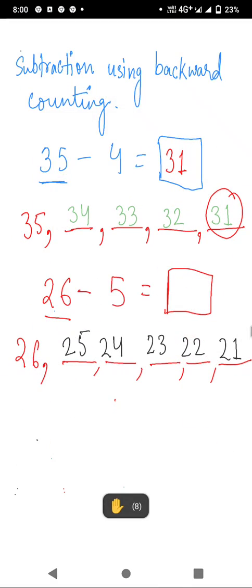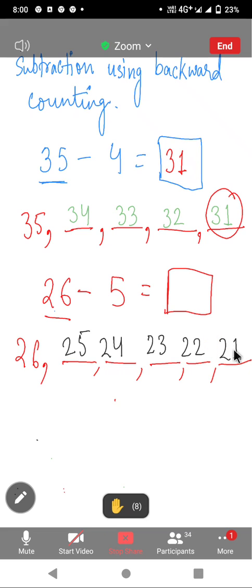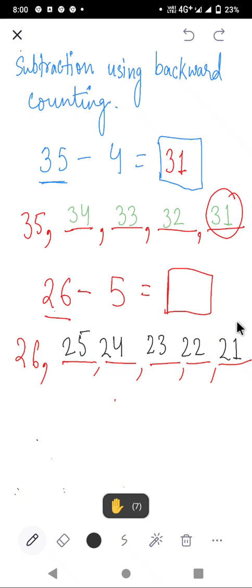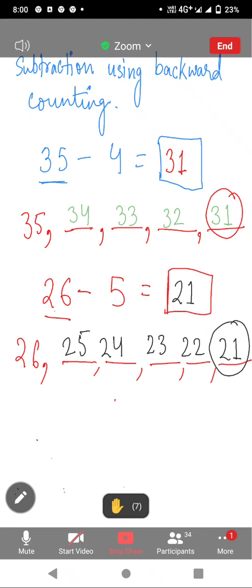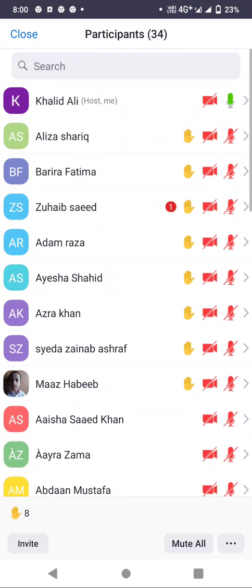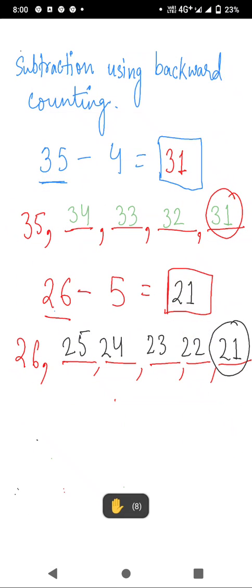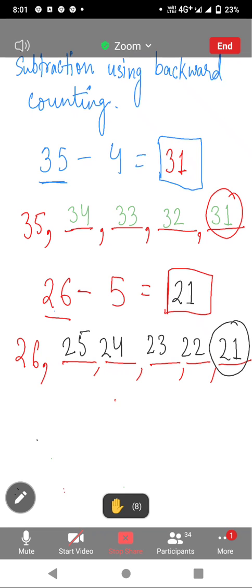Mashallah, very good. The last number we are getting is our answer. So our answer is 21. Can you tell me, student, what we call the answer in subtraction?